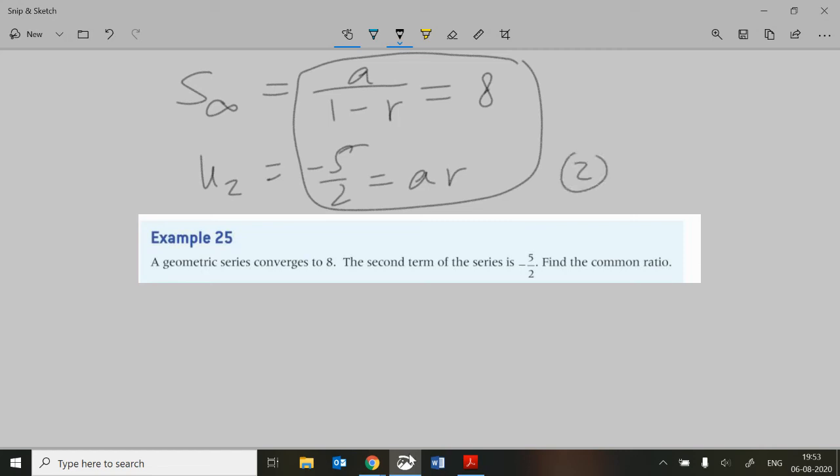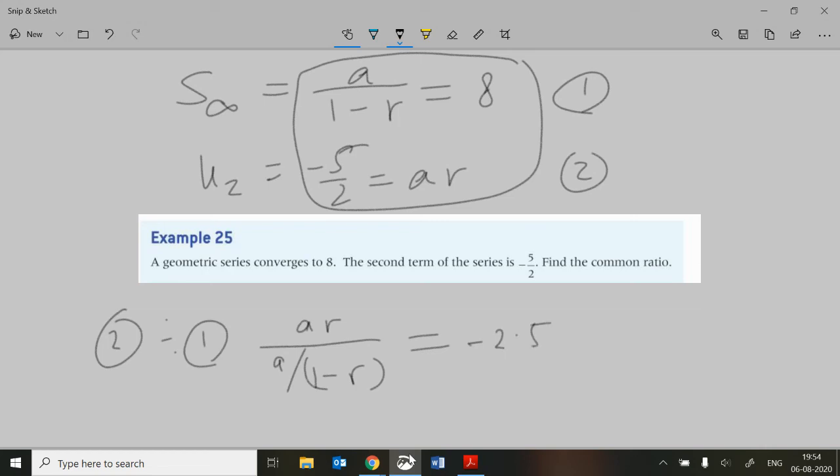So say, for example, we did 2 divided by 1, then you're going to get AR divided by A over 1 minus R. Okay, and that's equal to 8. No, it's not. It's equal to minus 2.5 divided by 8.